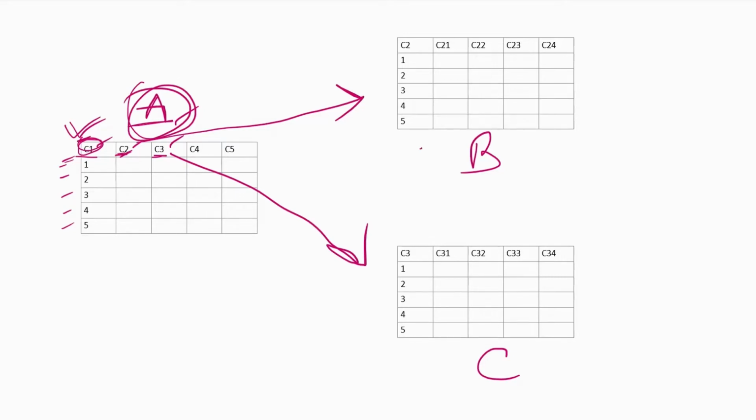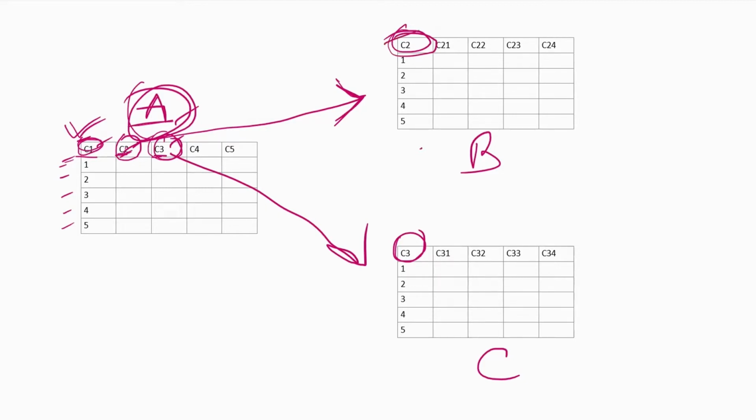Now in each child table, the foreign key like C2 will become a primary key, and C3 in its corresponding table will become a primary key, which means a foreign key is a column or a group of columns that gives reference to a different table, which is called a child table, and in that table it becomes a primary key.